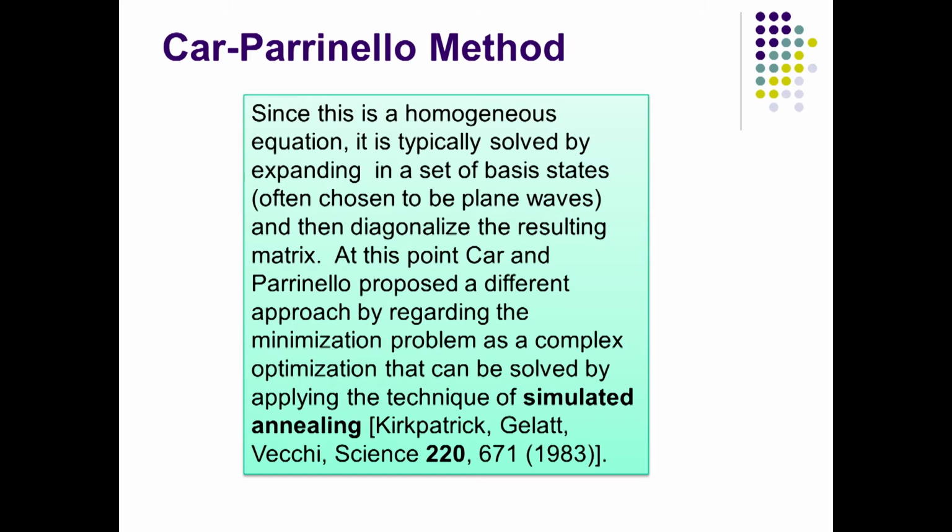However, at this point Car and Parrinello proposed a different approach by regarding the minimization problem as a complex optimization that can be solved by applying the technique of simulated annealing. This is connected with our idea about minimization using simulated annealing. As you understand from Monte Carlo simulation, you can find simulated annealing and create random locations to sample this potential energy minimum surface.